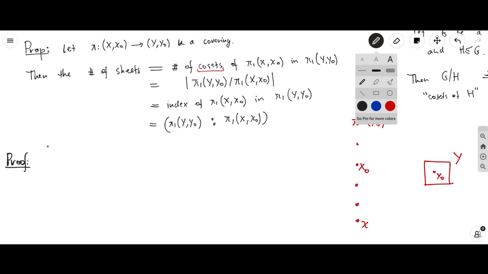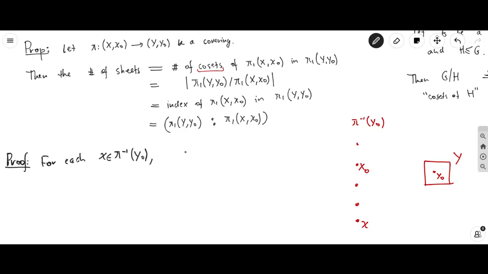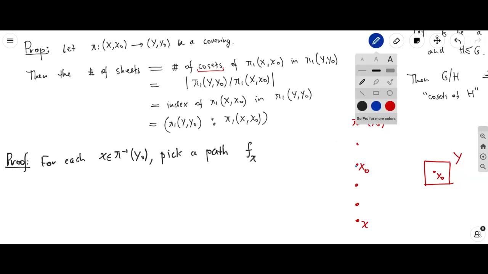So what we say is for each x in the fiber over y0, we're going to pick a path. Let's call this path fx. So we're going to pick a path from x0 to x. It does not matter how you make it, you're just picking a path.